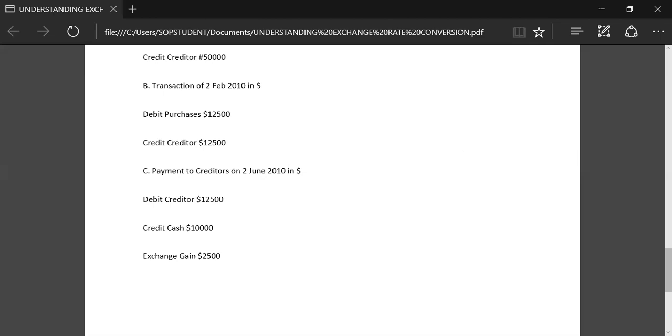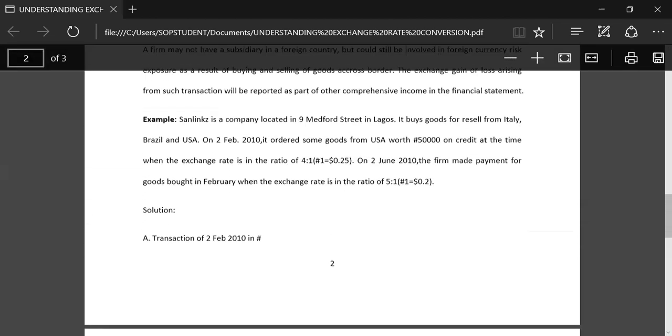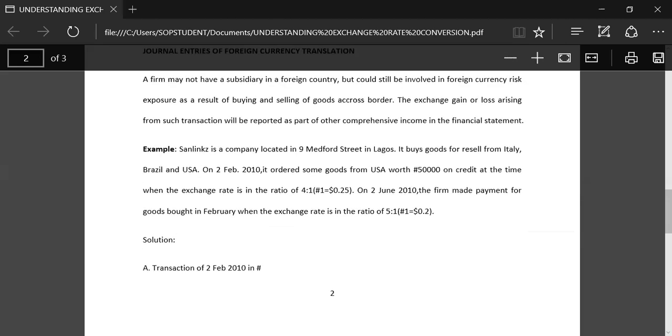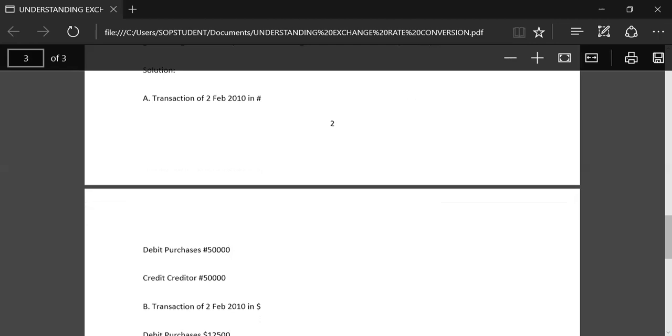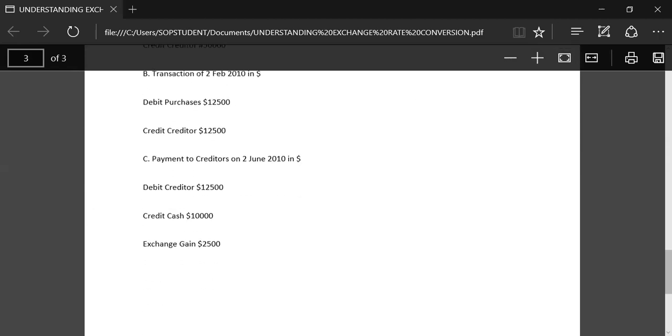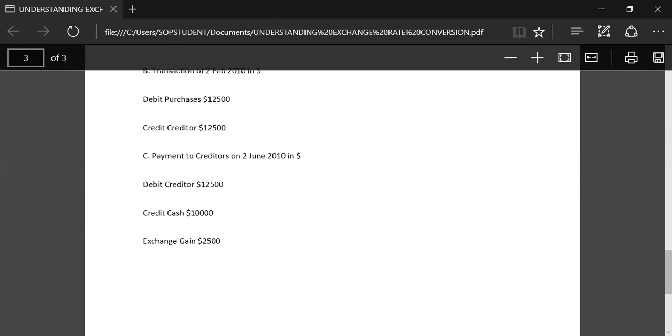This is because the exchange rate had gone down from 25 cents as at when we got it to 20 cents as at when we made our payment. So that gave us a gain of $2,500.